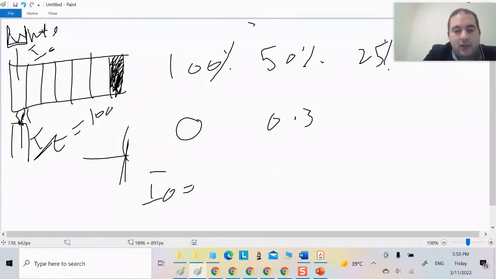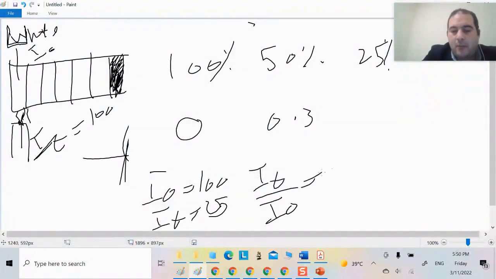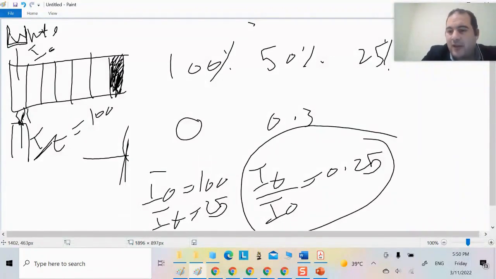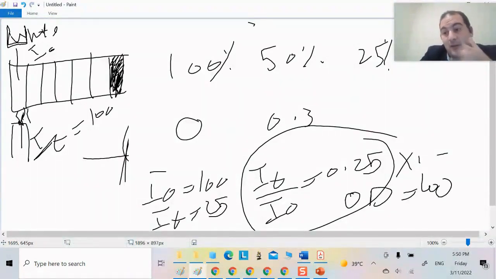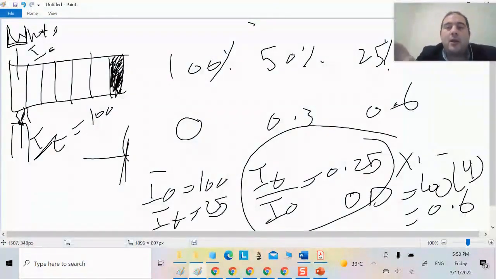The incident photons are 100 and the transmitted are 25, which is 0.25, or 25% when you multiply by 100. The optical density will be the logarithm of the inverse of 0.25, which is the logarithm of 4, resulting in 0.6. Therefore, I noticed that the optical density increased when I reduced my exposure.